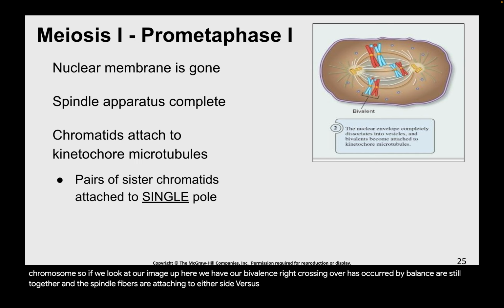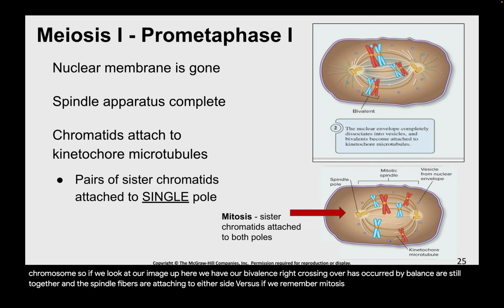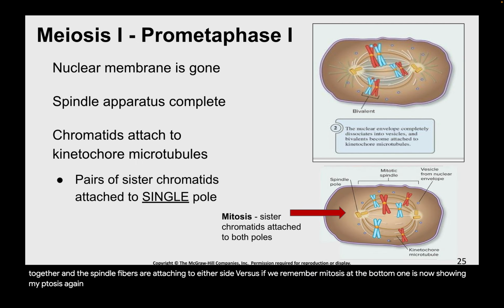Versus if we remember mitosis, this bottom one is now showing mitosis again. We would have our chromosomes not in bivalence, and a mitotic spindle would be attached to either side of all the chromosomes. So that is a key difference there, attached to bivalents versus individual chromosomes.